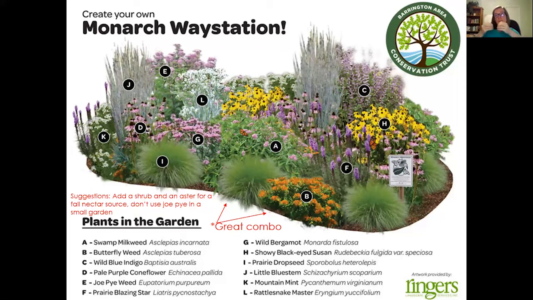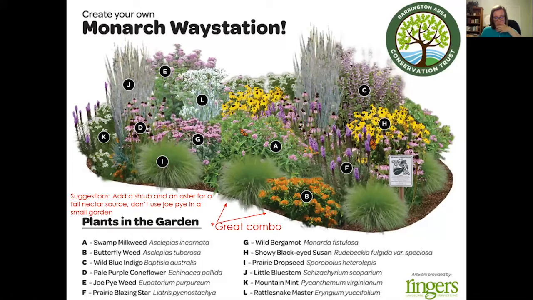They spread by these underground rhizomes, like a thick thread. Imagine a really thick thread that runs laterally or sideways. And they're just insanely aggressive in a small space. So the common milkweed, I wouldn't put that one in a small garden. H, that showy black-eyed Susan, that one's good too, the Rudbeckia.